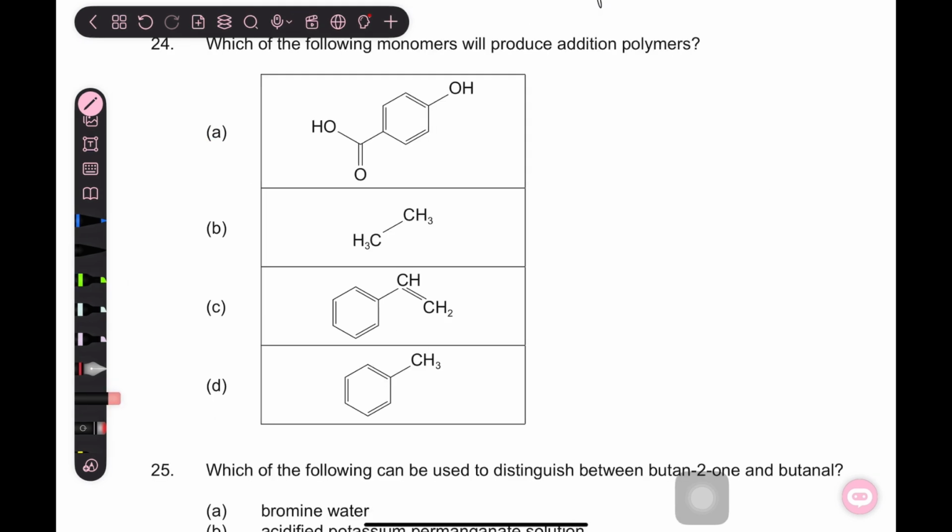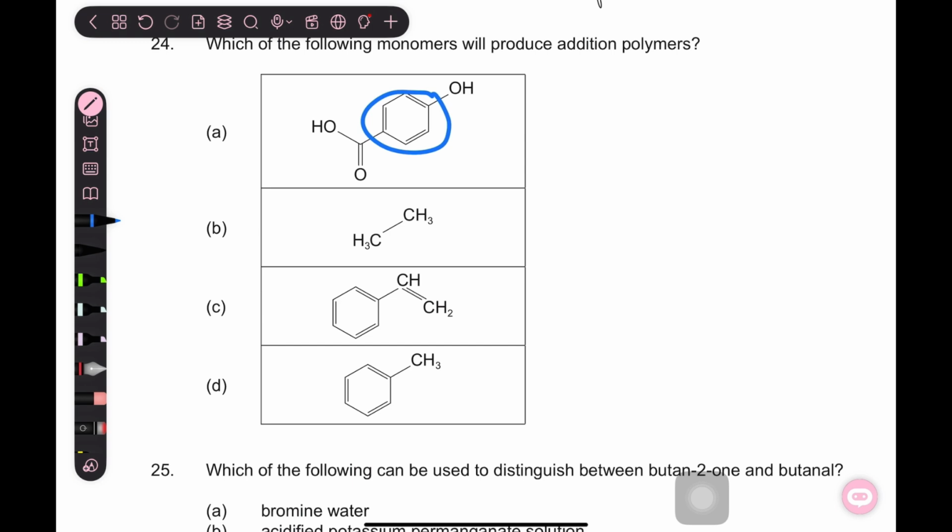Move on to question 24, which is asking us about addition polymers. Now, addition polymers require monomers which contain a carbon-carbon double bond. Now, whilst this benzene ring, which is present in A, C, and D, does have carbon-carbon double bonds, these are part of the benzene ring, and the electrons are actually delocalized.